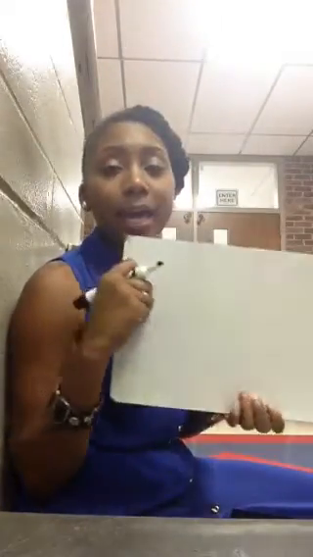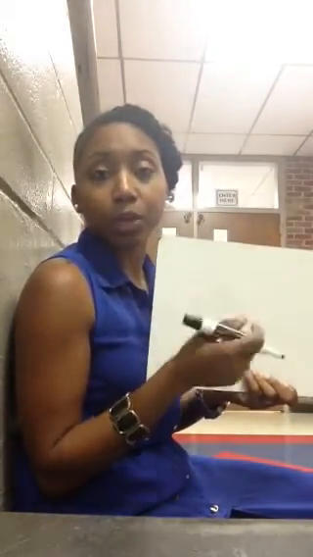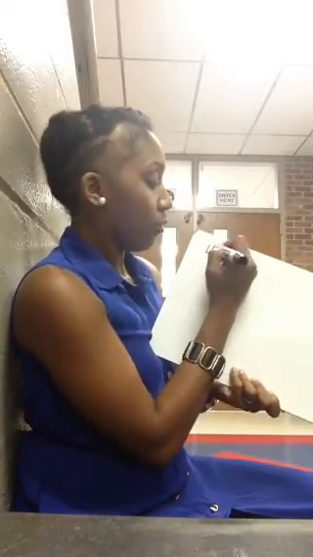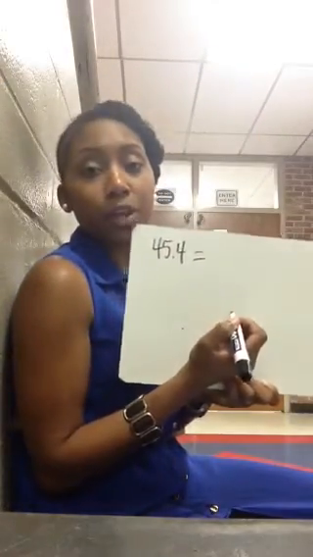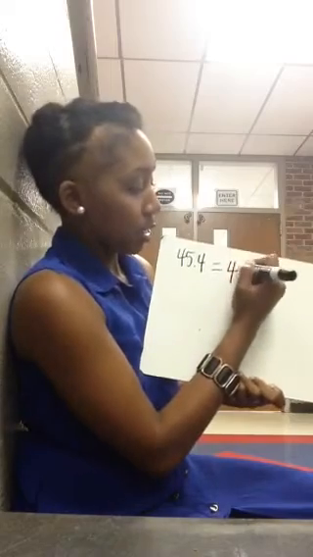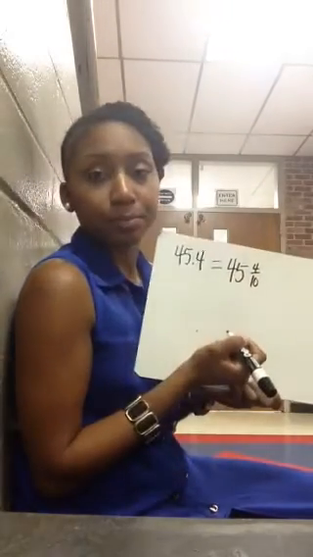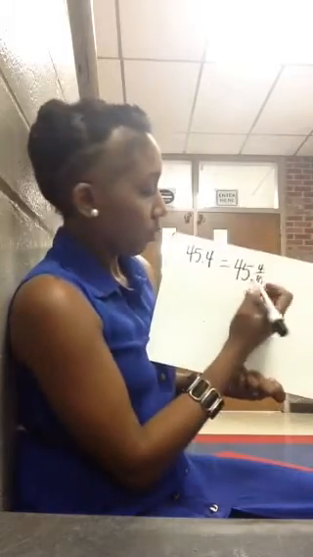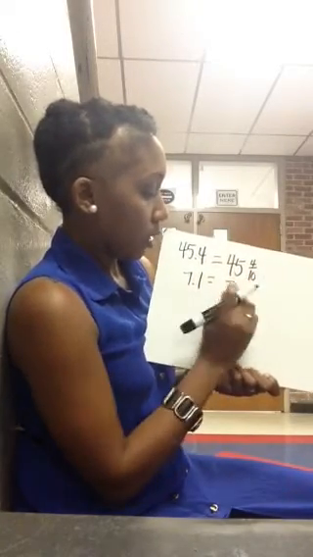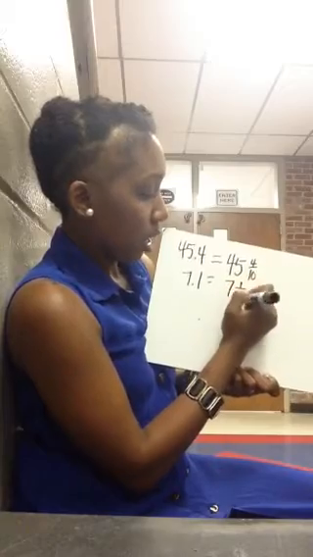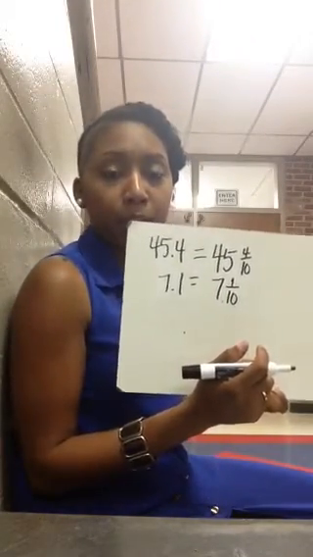Now we're going to take the actual numbers and create fractions. 45.4 as a mixed number is 45 and 4/10, and 7.1 is equivalent to 7 and 1/10.